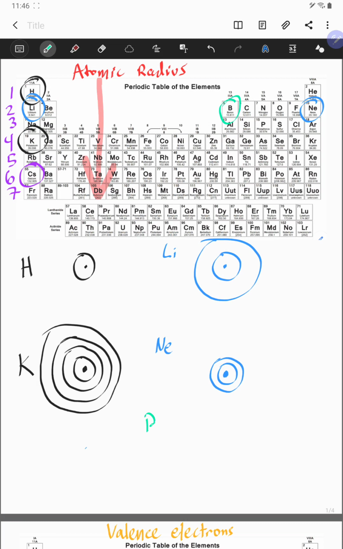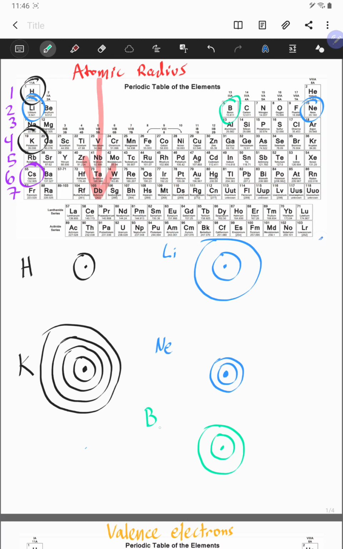All right, so if I draw boron, I'm going to have a total of 5 protons, and then we're going to have our 2 shells. So this nucleus inside of here, we have 5 protons. So it's a little bit stronger of a magnet than lithium, but it's not as strong as neon. Neon has twice as many protons as boron.